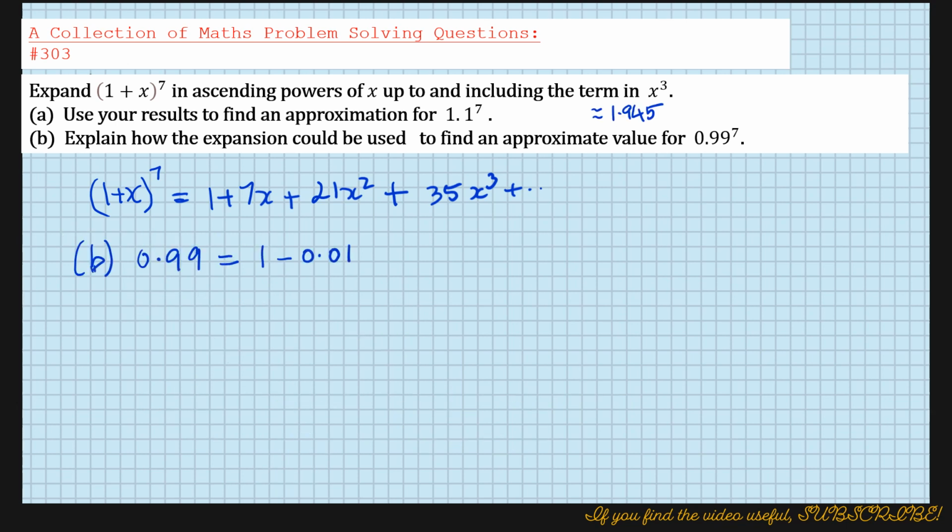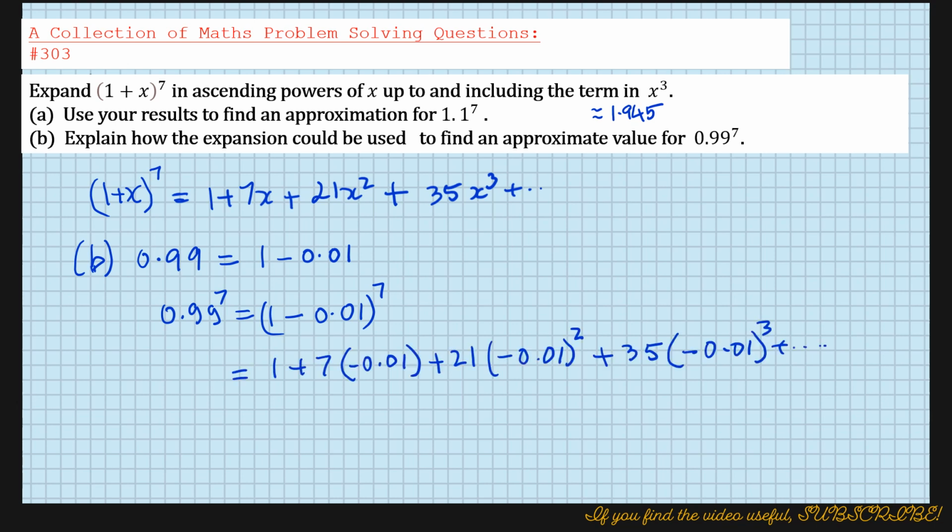For part B, we use similar logic. 0.99 we write as 1 minus 0.01. So when you do that, all you do is replace x with minus 0.01. So we can write that 0.99 to the power 7 equals 1 minus 0.01 whole thing to the power 7, and that would give you 1 plus 7 times minus 0.01.